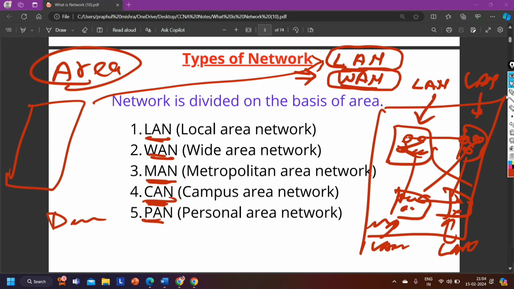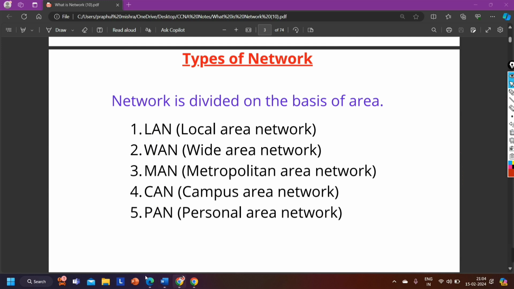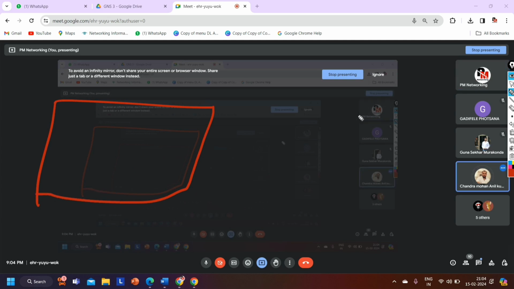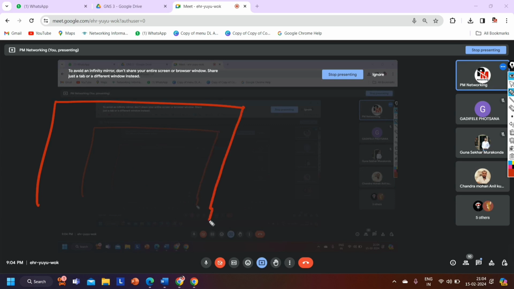In the same way, let's say I am implementing one network in a city. Let's say this is Delhi. In Delhi, I have multiple branches, right?